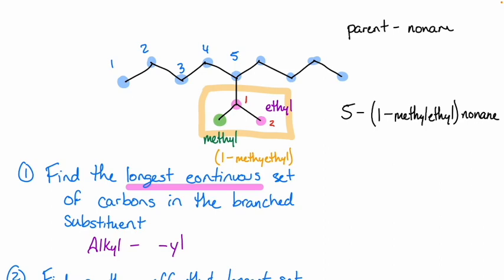All right, so I'm going to leave a few for you to do on your own. I'm just going to do this little circle with a P in it for my parent chain.